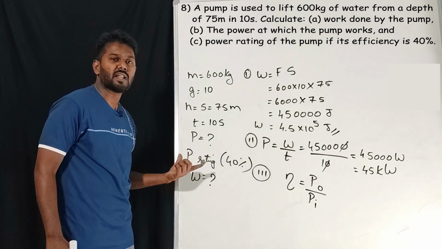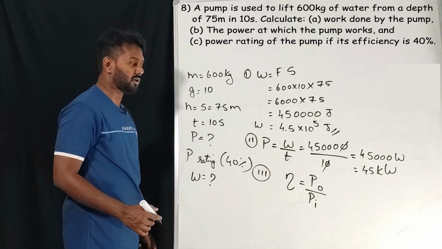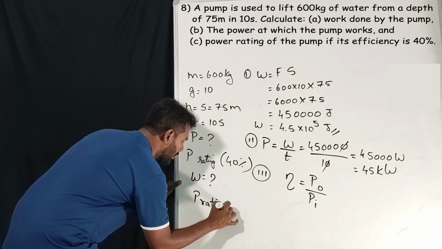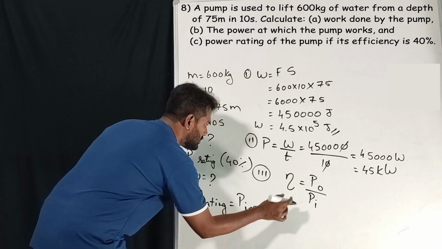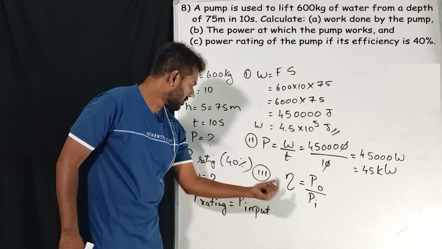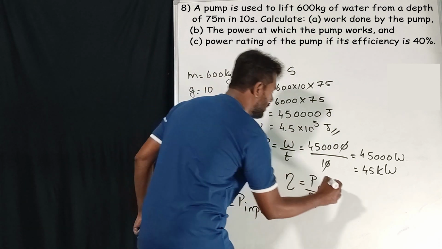Okay, whenever they are talking about power rating, that means they are talking about power input. So write this one, power rating is equal to power input. So this is the efficiency formula, power output by power input. So they are talking about power rating, we have to find power input.